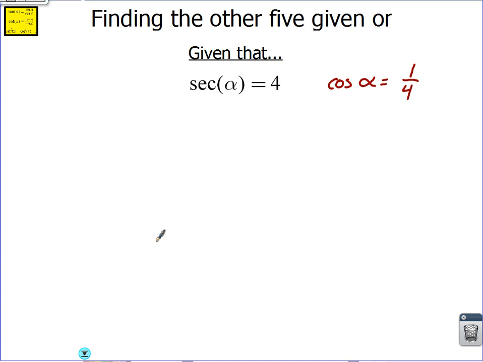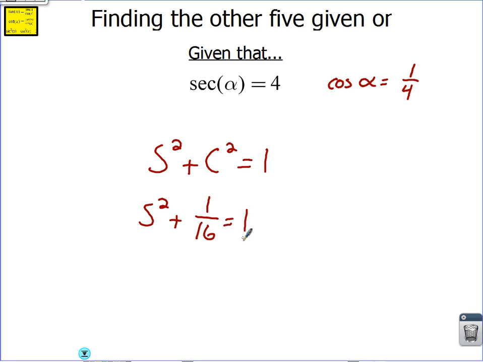And then I'm going to draw my, actually, let's do this one without the triangle. We can do it. I know from my identities up here that sine squared plus cosine squared equals 1. And I'm given cosine. So I've got sine squared plus 1/4 squared equals 1. The more you work of these, the quicker you get at them.